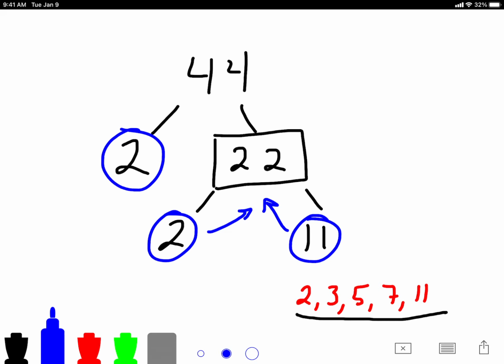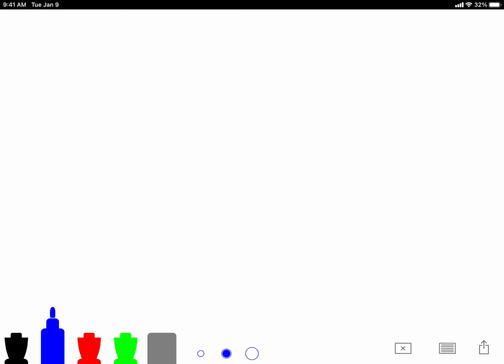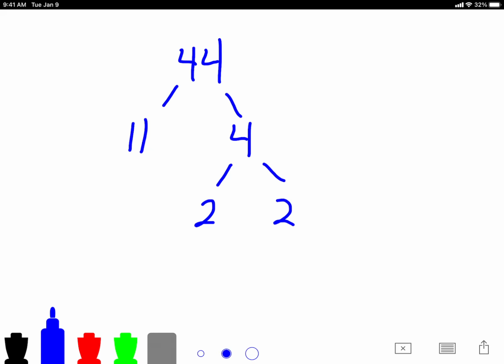Okay, so there are other ways to do these factor trees, but you're still going to end up with the same results. So let me show you. So if I say, okay, well, 44 is right here. Instead of using 2 and 22 this time, I could break that down to 11 and 4. And 4 breaks down into 2 and 2. Can I break 11 down?